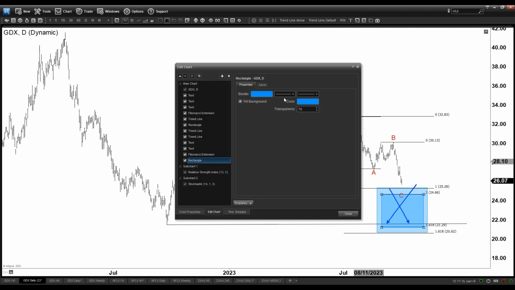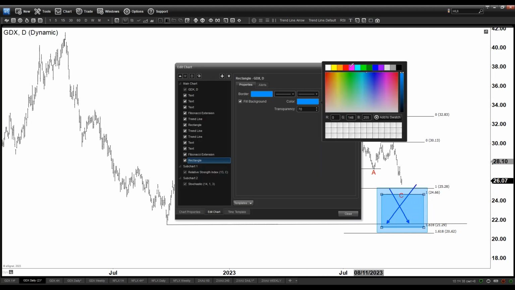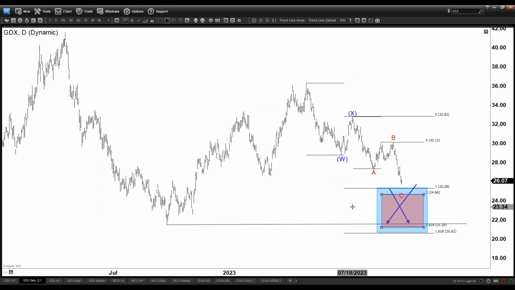I'm going to use another color as a potential support here for GDX. The red box here is based on this ABC internal extension, while the blue box is based on the WXY external extension.